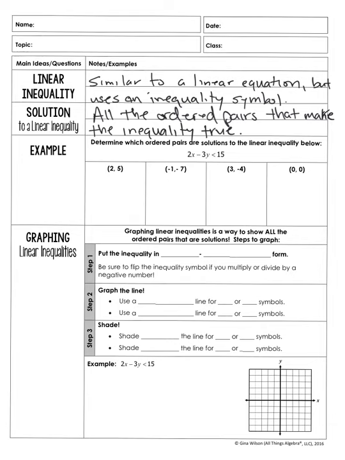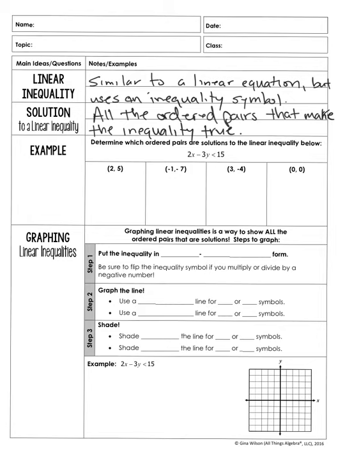The solution is all the ordered pairs that make the inequality true. And in linear inequalities and all inequalities, we have infinite numbers of solutions. So here's some examples, and this will give you an idea of what it means for an ordered pair to be a solution.